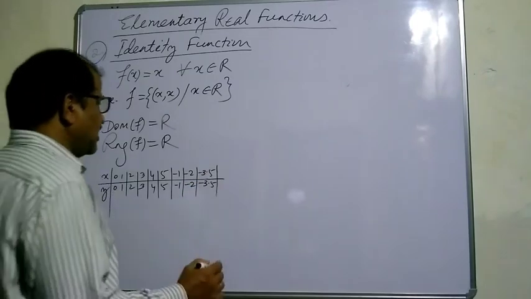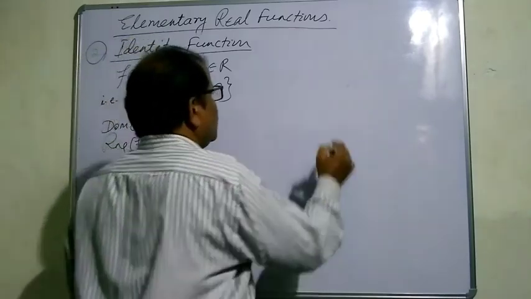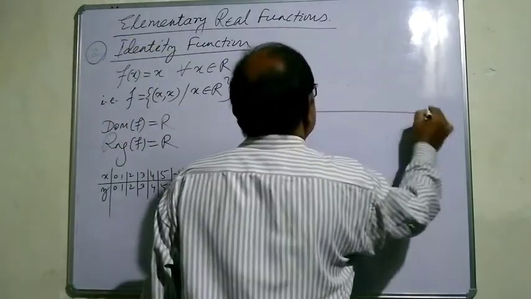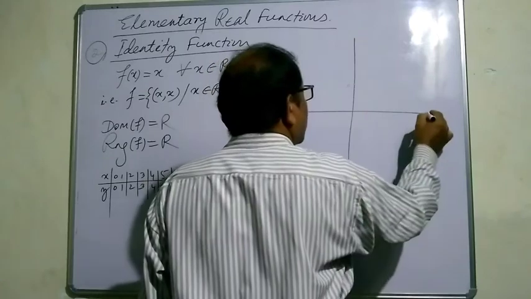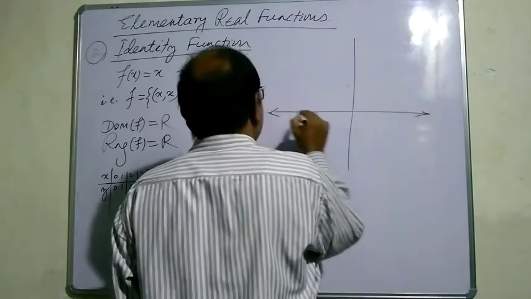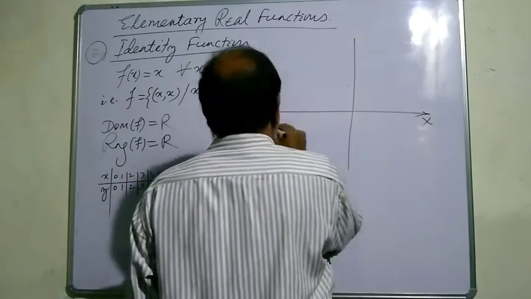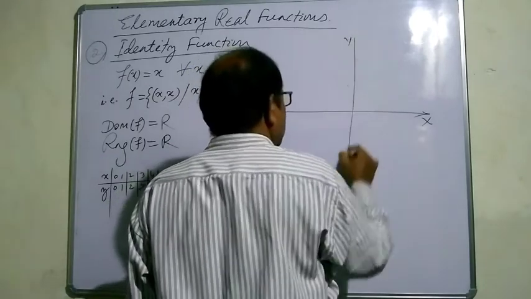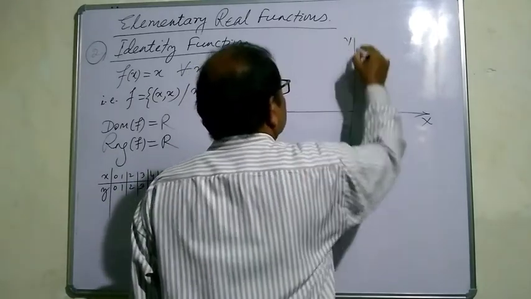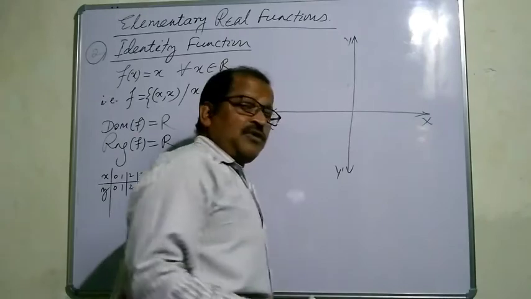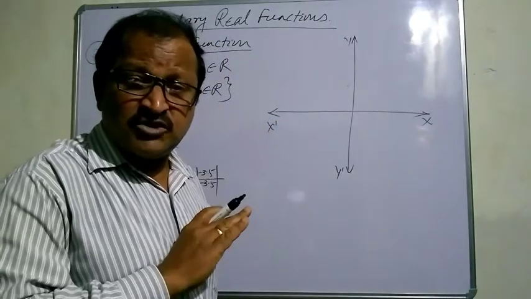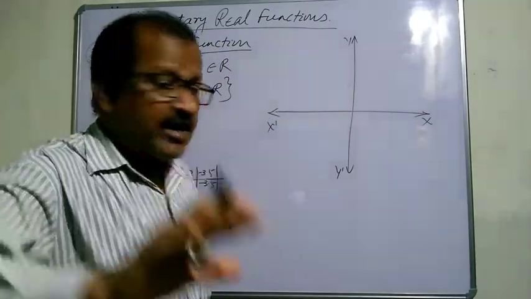So to draw the graph, what will we do? Similarly, we will take the help of graph paper. This is a rough diagram, x, x dash, y, y dash. Sometimes we have to draw a rough diagram just to have an idea.